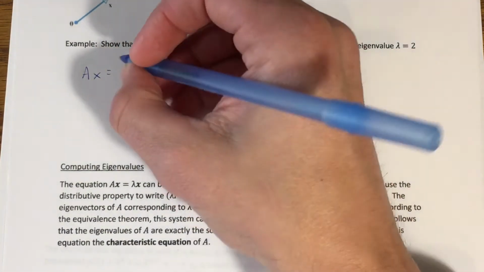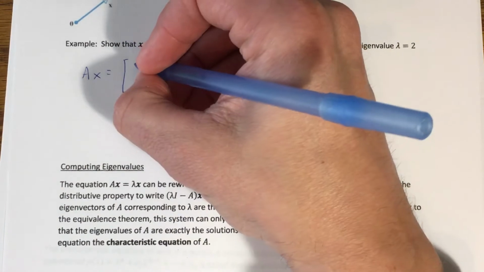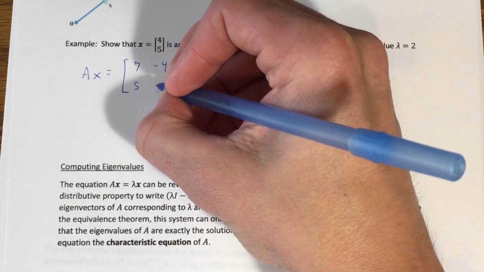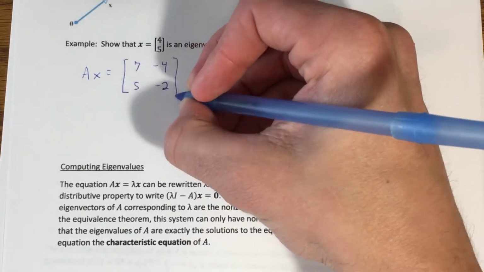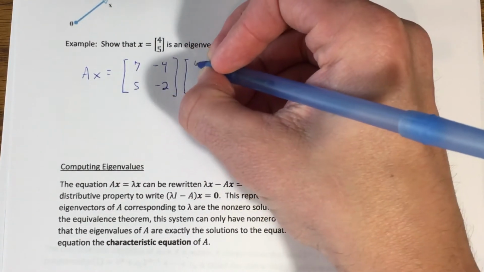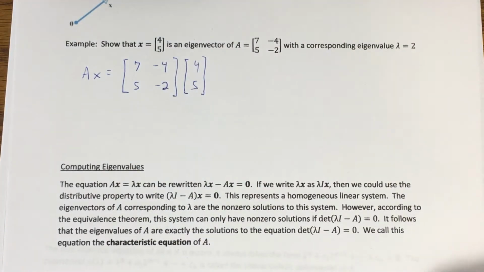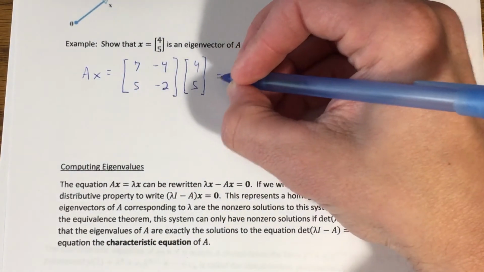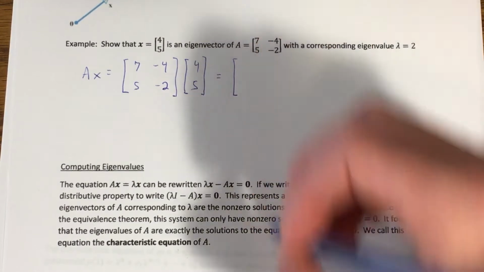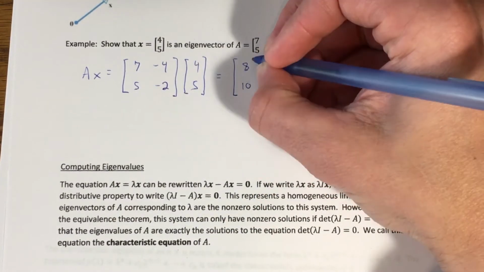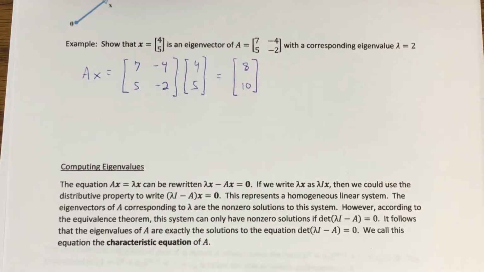A times x looks like 7, -4, 5, -2 times the vector 4, 5. If I carry out this multiplication, what we see as a result is the vector 8, 10. You can check the steps there to make sure that came out right.